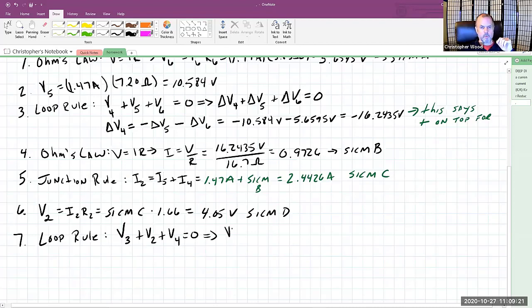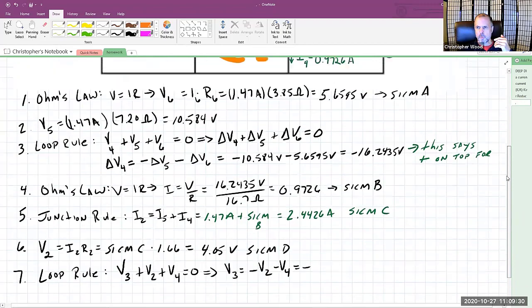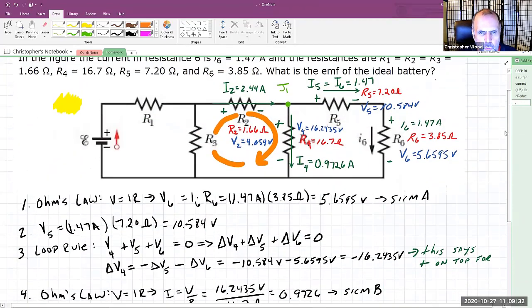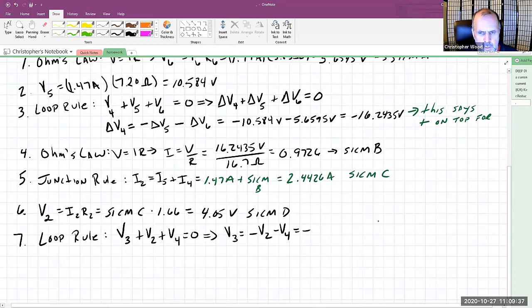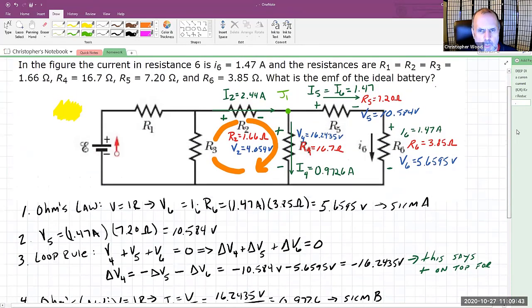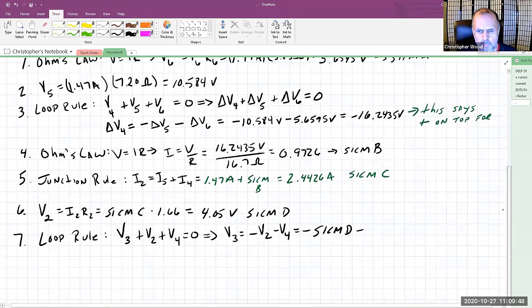So my voltage across 3 equals negative V2 minus V4. My V2 was 4.054, which is store D. So I'm going to do negative D minus V4. My voltage across resistor 4 was 16.2435.